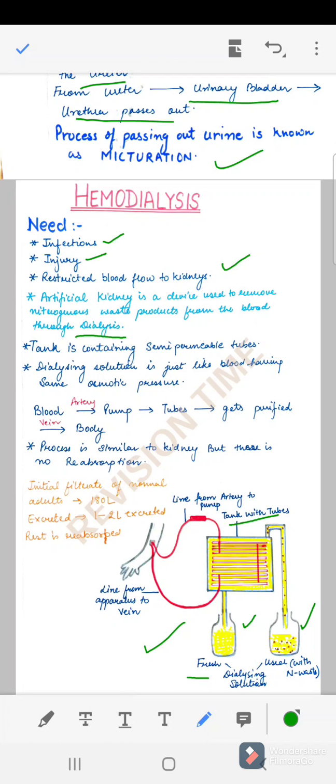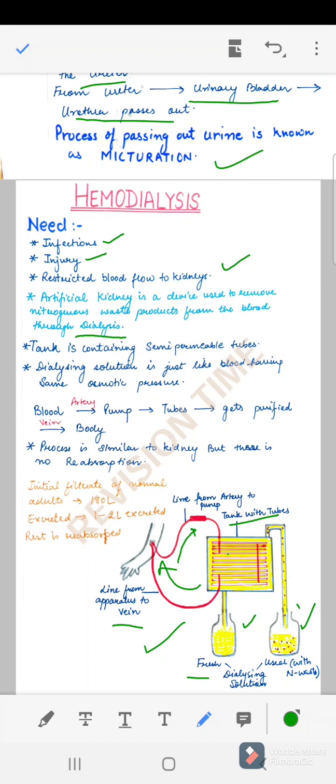So now how this apparatus works: the blood from the patient's artery moves to this pump here. Then it goes to the tubes of the tank. It gets purified there in these tubes and comes back to the patient's body through the vein, through this line, right?